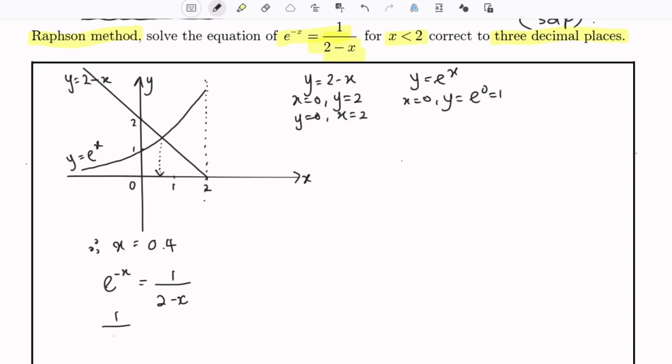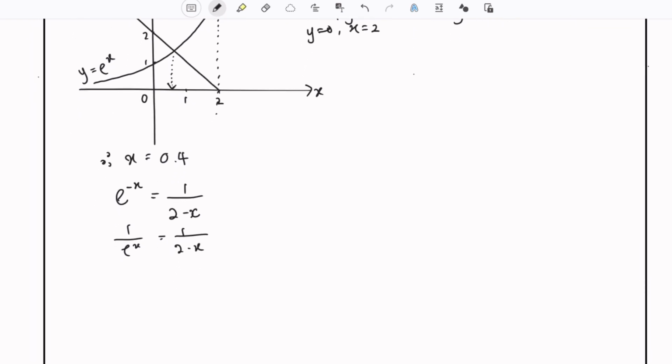So 1 over e^x equal to 1 over 2 minus x. So cross multiply, 2 minus x equal to e^x. So e^x plus x minus 2 equal to 0. Hence, your f(x) is e^x plus x minus 2.